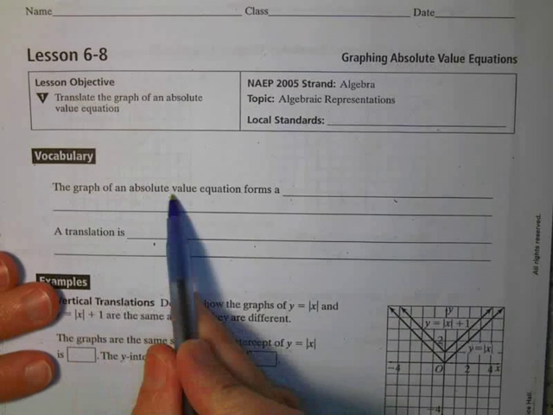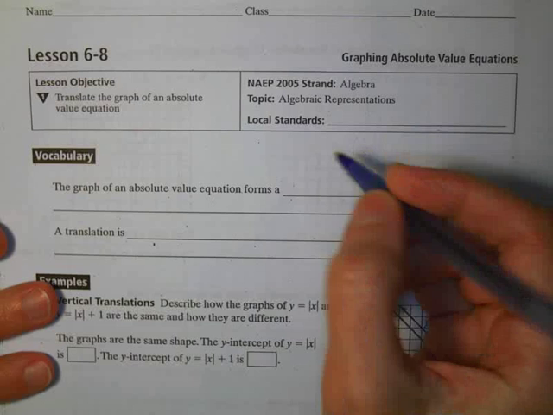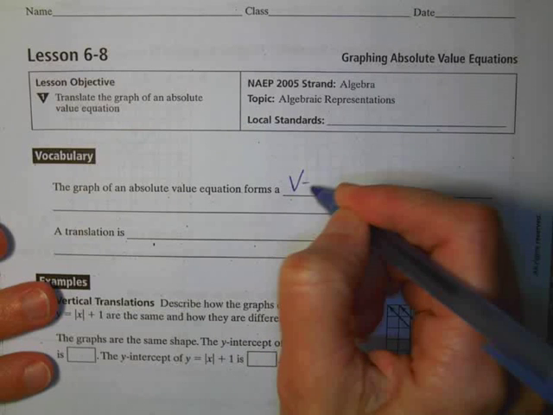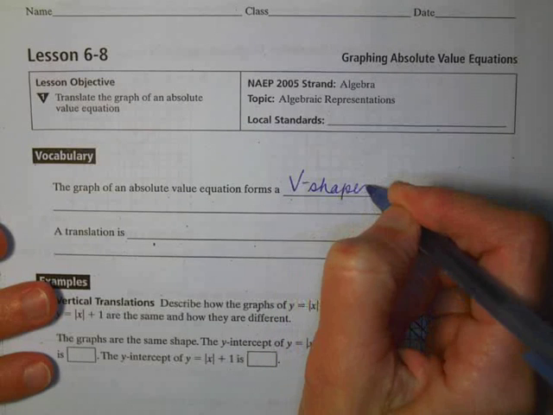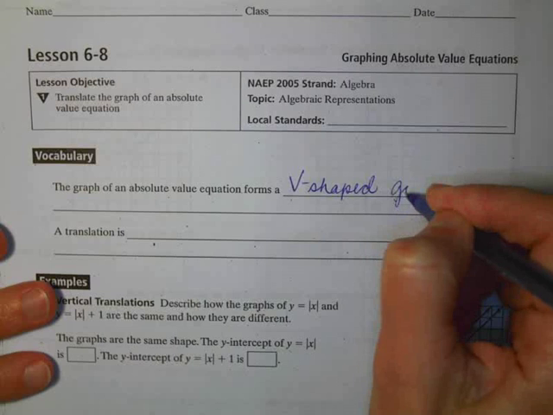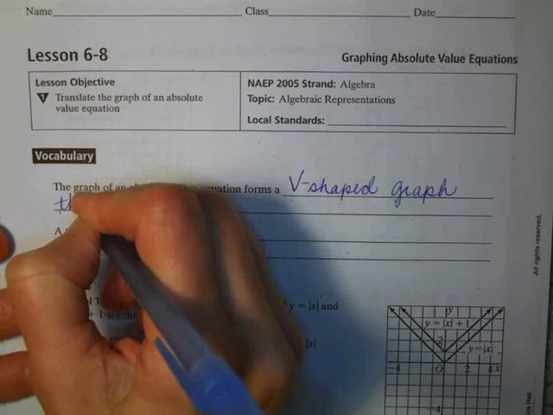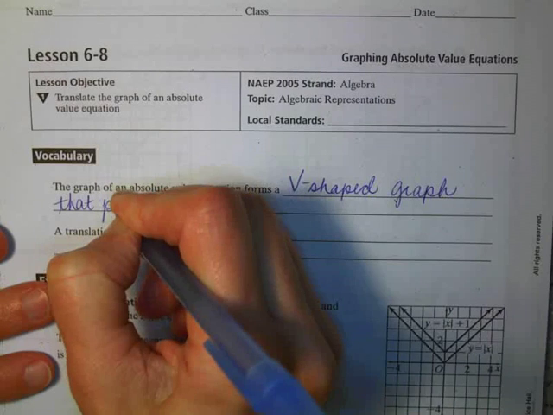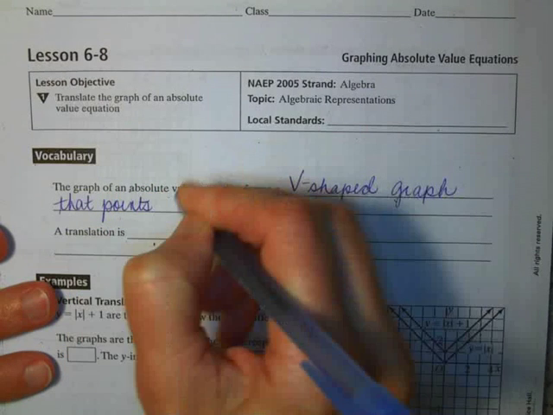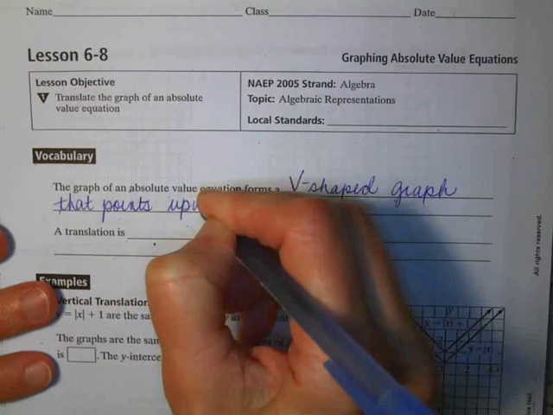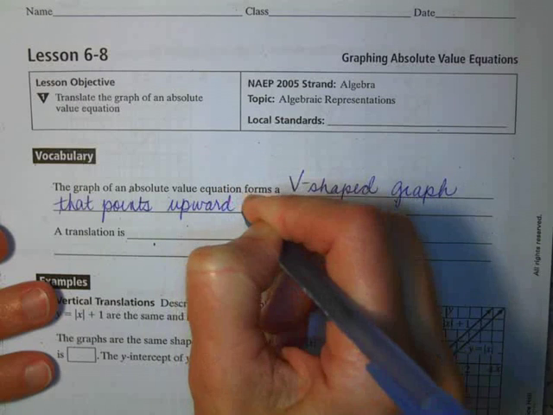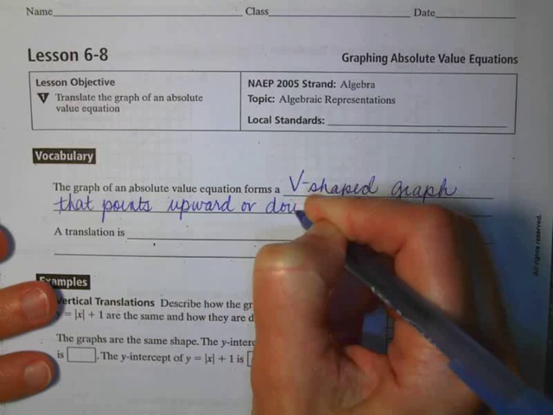The graph of an absolute value equation forms a V-shaped graph that points upward or downward.